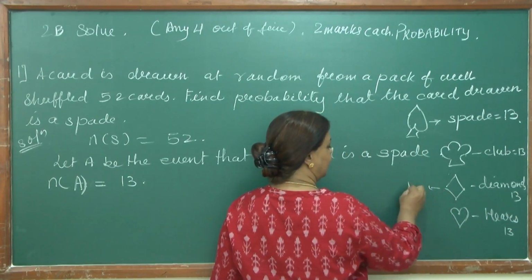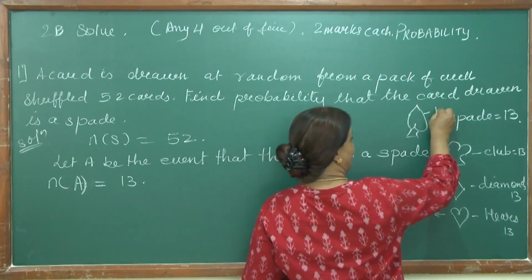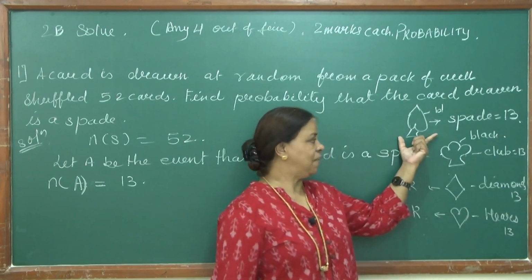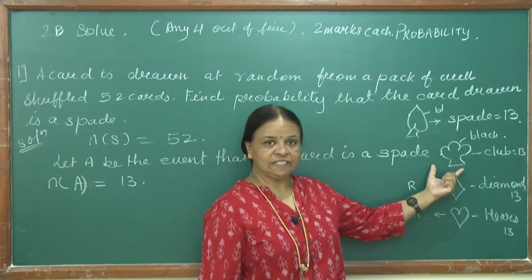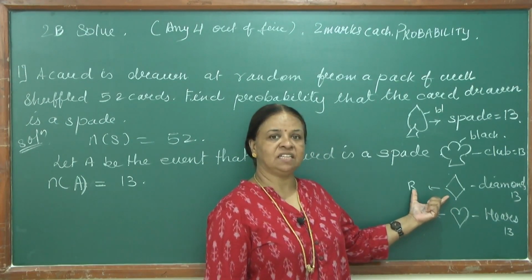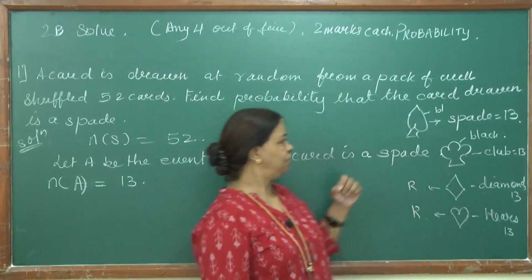This is red in color, this is red in color, this will be black, and this also will be black. So 13 spade cards are there, 13 clubs are there, 13 red diamonds are there, and 13 red hearts are there. Altogether they are 52 cards.